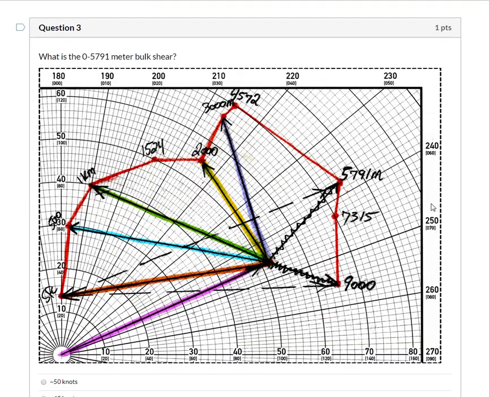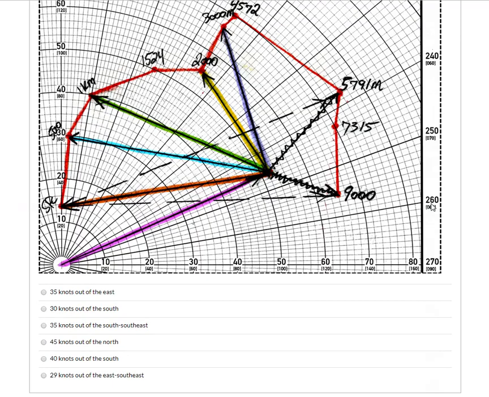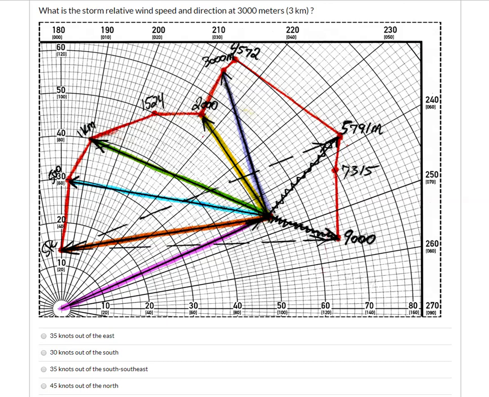Another thing, on the direction for the storm relative winds, this is going to be confusing, I know, but you will find that as traditional meteorological coordinates. So the direction that the storm relative wind vector is coming out of here at 500 meters, it's out of the east-southeast, right?